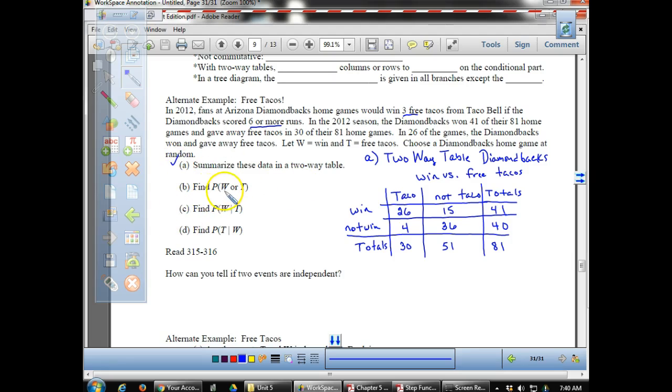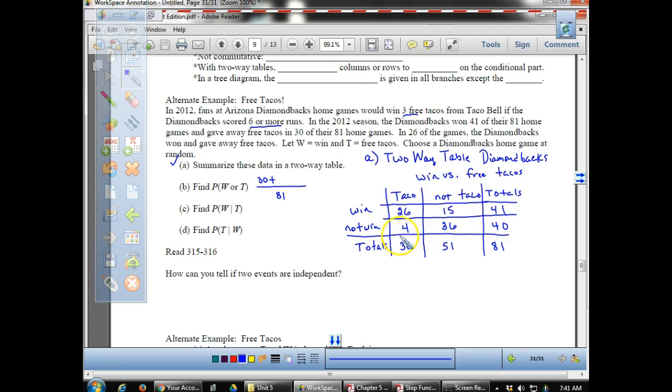Now find the probability of winning or a free taco. So this is the formula we learned yesterday. So we need the probability of winning, and I'm going to put 81 in the denominator here because all of them would go over 81 eventually. So, or getting free tacos, which is going to be 30. So these are the times that they got free tacos. No, I already did that one.